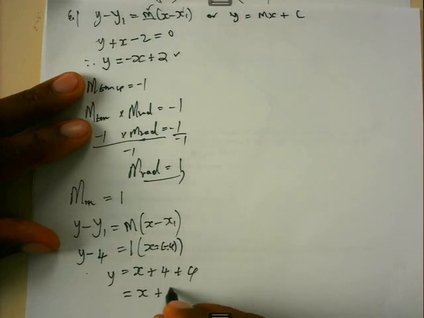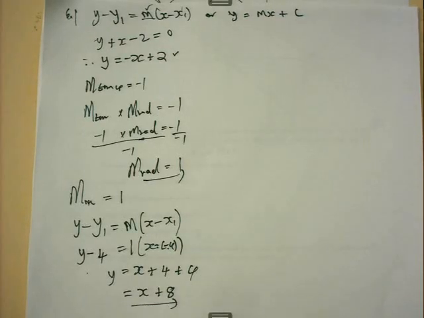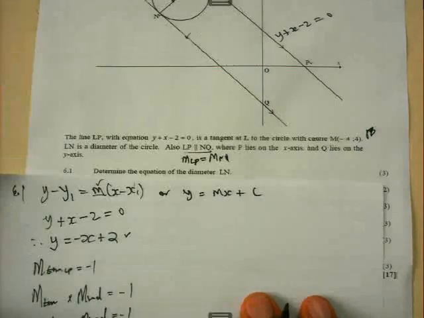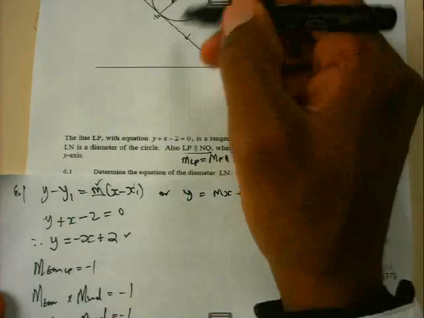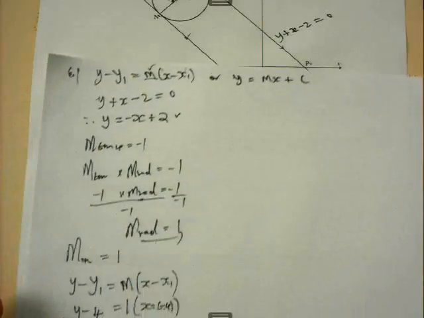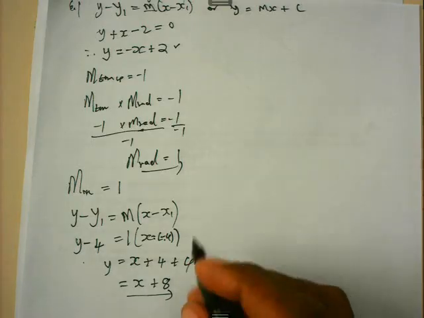When we add the 4 together there, the answer will be a positive 8. Therefore, 6.1, the equation of the line Ln is equals to x plus 8. The y is x plus 8.